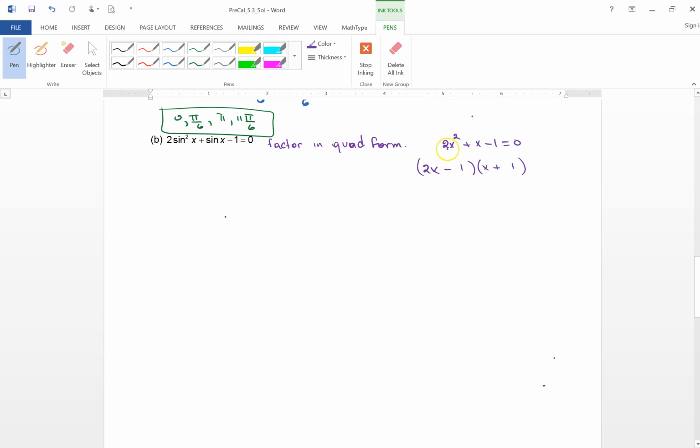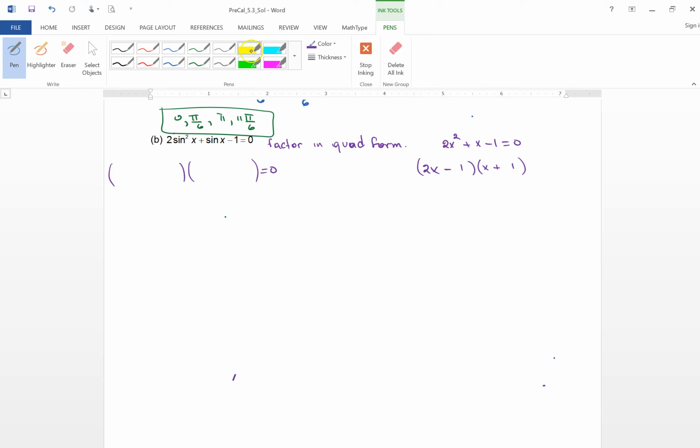Well, look, instead of 2x squared, I have 2 sine squared. Instead of x, I have sine. And for the minus 1, I still have a minus 1. We never factor that way. Quadratic always factors this way. Okay?